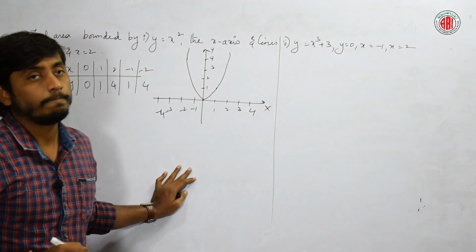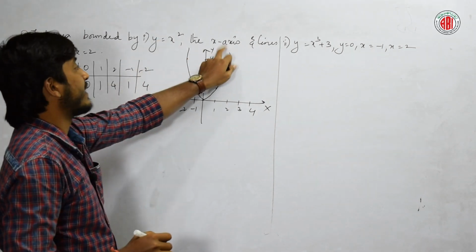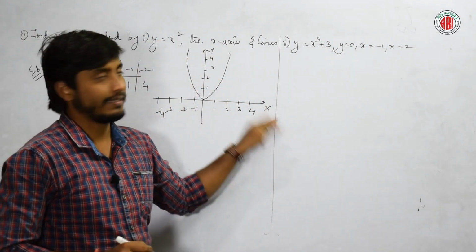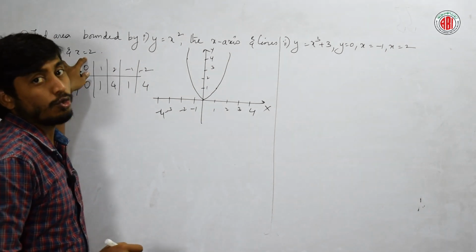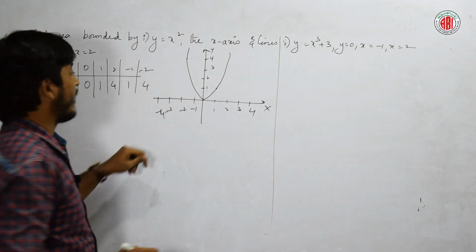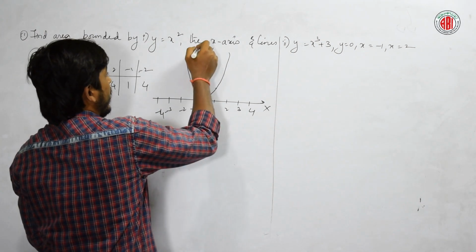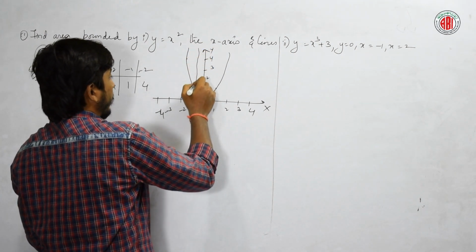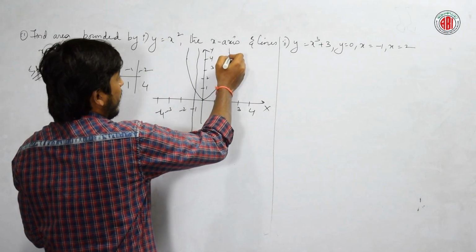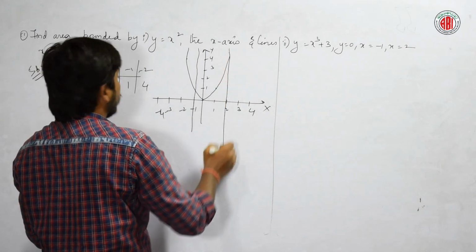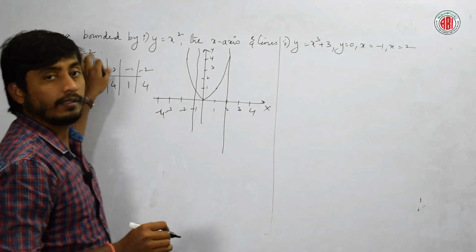Is it right? So x-axis is this, and the lines x equal to minus 1 and x equal to 2. x equal to minus 1 will be here, and x equal to 2 will be somewhere here, right?